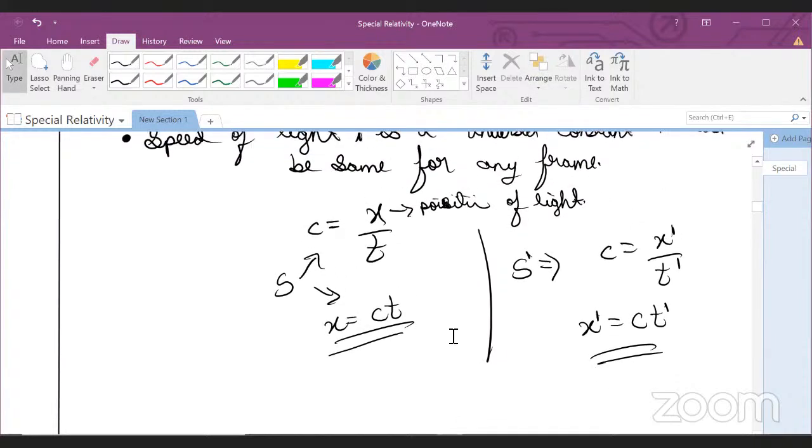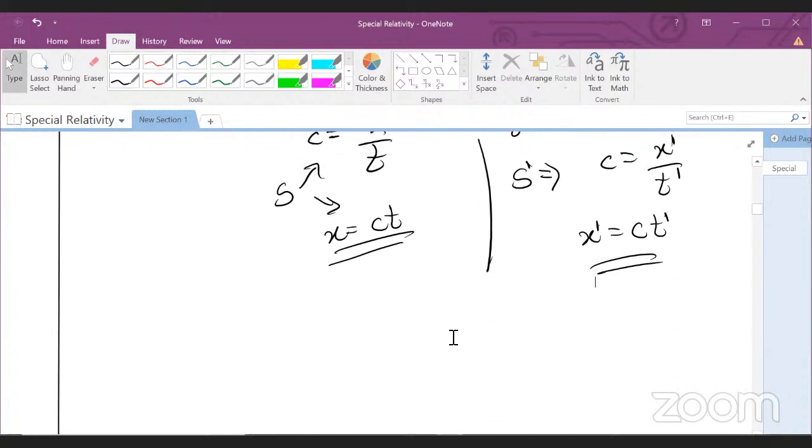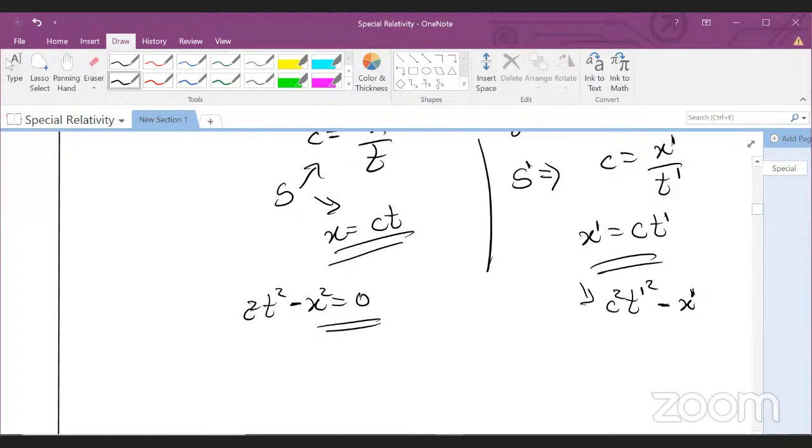Now we want c to be equal in both the frames, right? So I'll square both the sides. So c square t square minus x square equals 0. Here it will become c square t dash square minus x dash square equals 0. Since speed of light is same in both the frames, I can equate them.